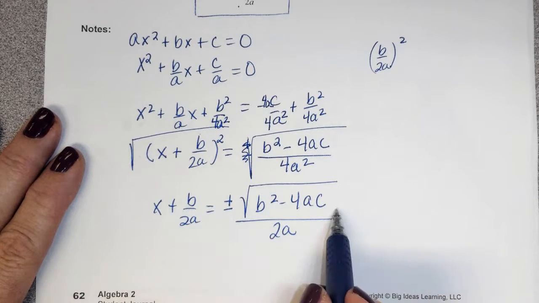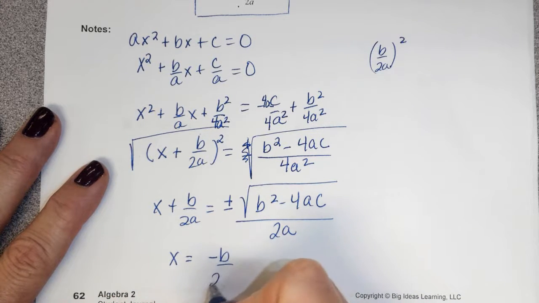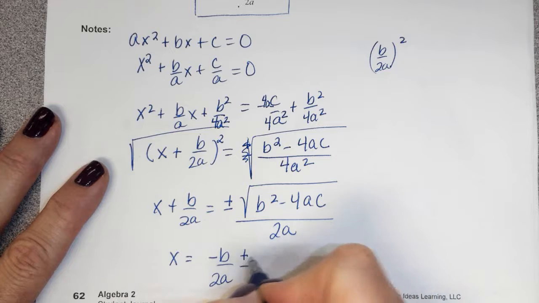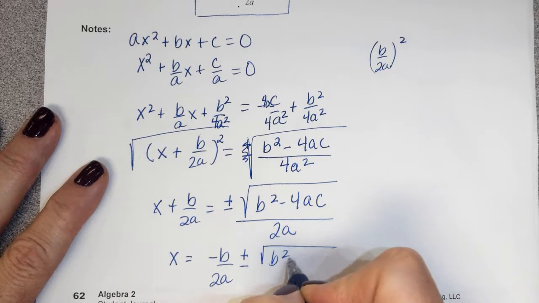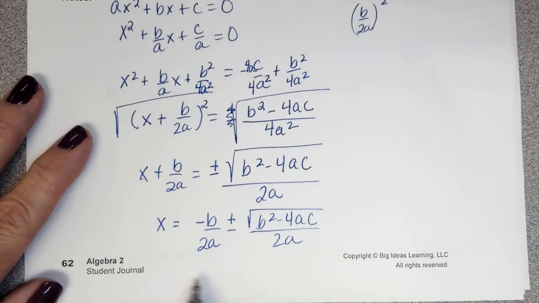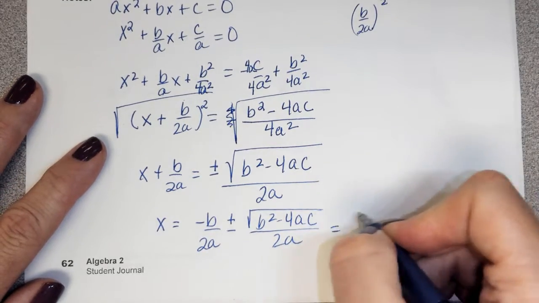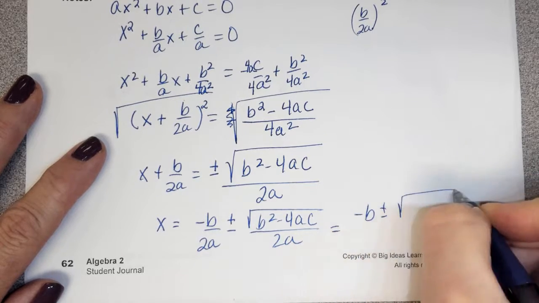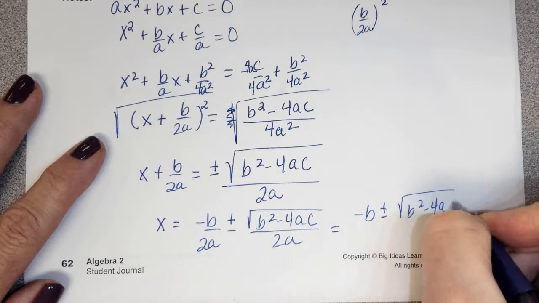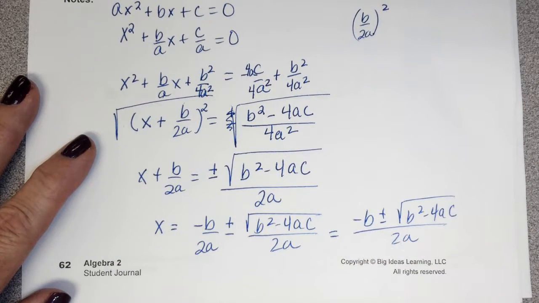And now I would just bring this over here, right? So I have x equals negative b over 2a plus or minus the square root of b squared minus 4ac over 2a. See how we have a common denominator? So this is the same thing as negative b plus or minus the square root of b squared minus 4ac all over 2a. Right? That's where it comes from.